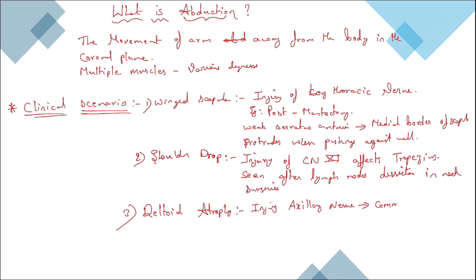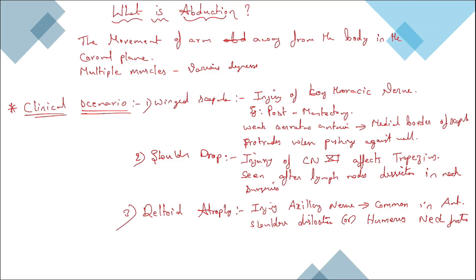This is most common in anterior shoulder dislocation or humerus neck fracture, because the axillary nerve passes from the humerus. So these are the things.